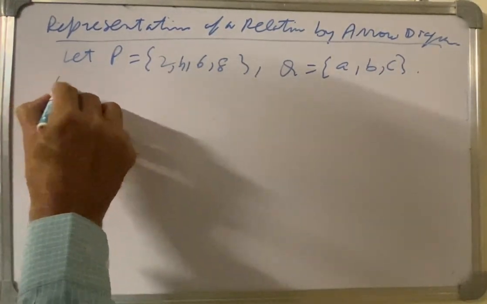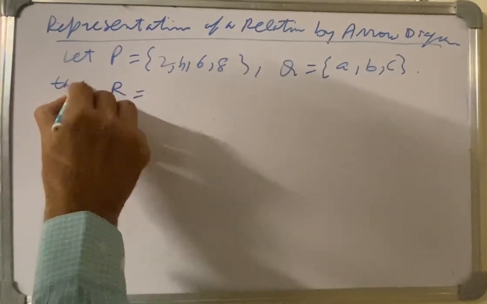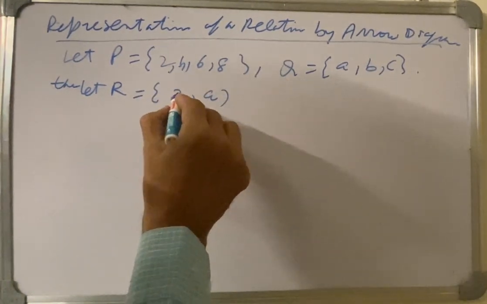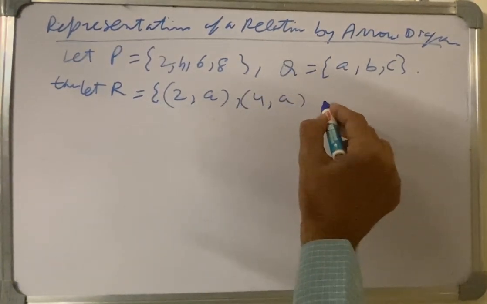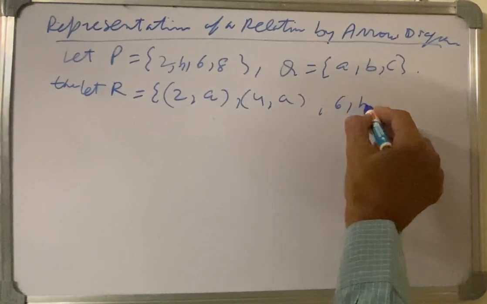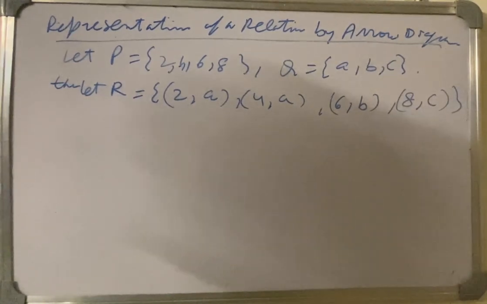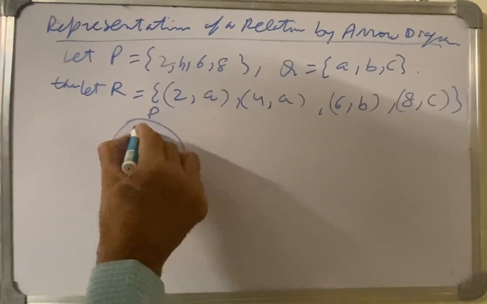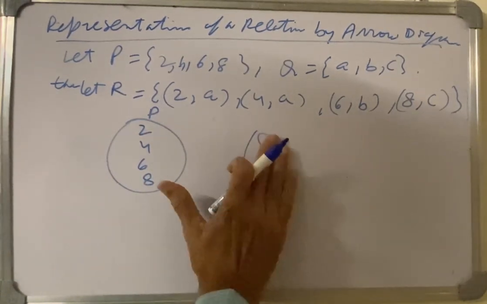Then let R is {(2, A), (4, A), (6, B), (8, C)}. So we shall represent by arrows. This is P: 2, 4, 6, 8.